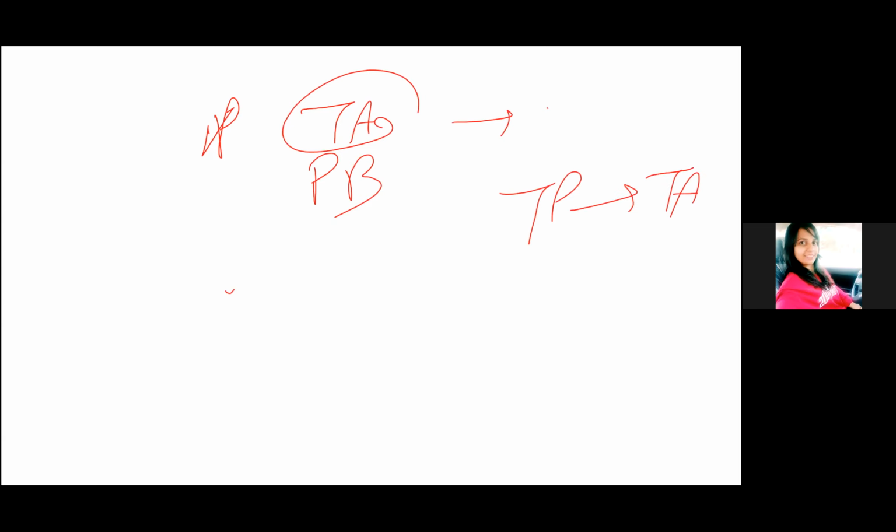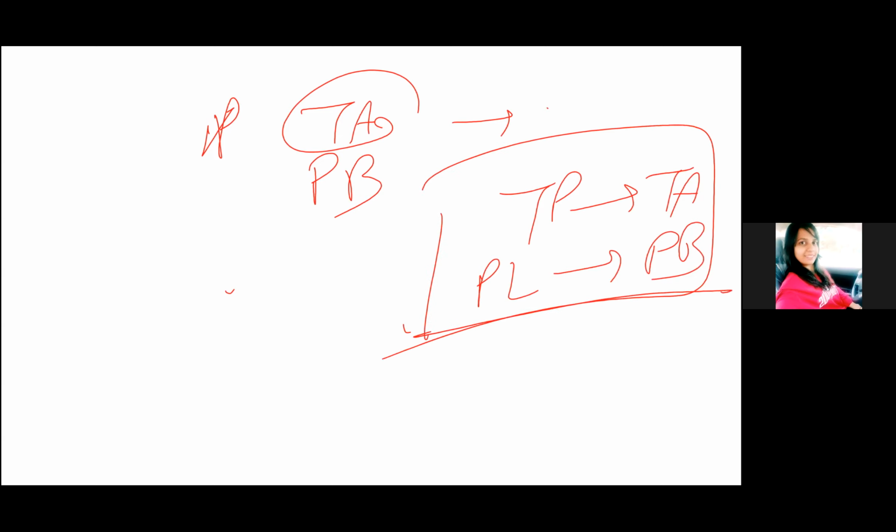I have already told you the tibialis anterior is involved, the peroneus brevis is involved. If tibialis anterior is involved, just shift the tibialis posterior to tibialis anterior, shift the peroneus longus to peroneus brevis. That's it.